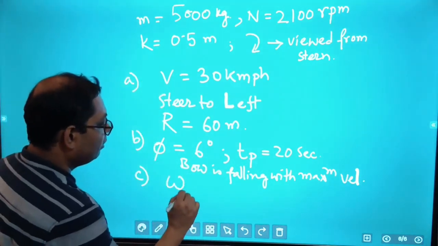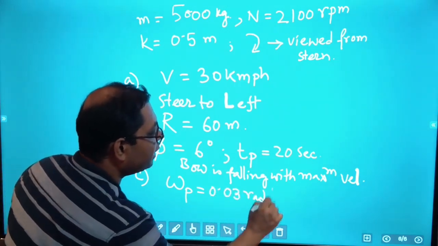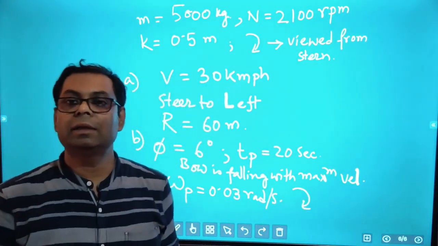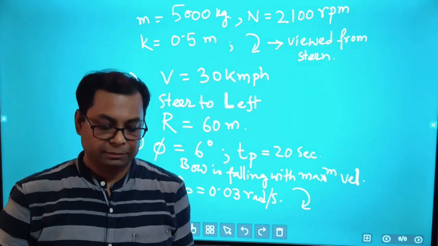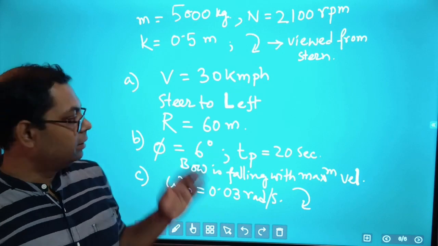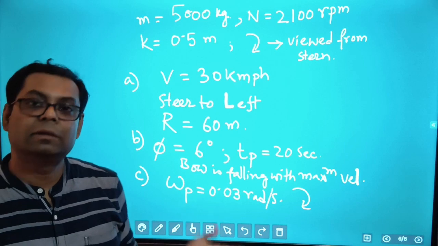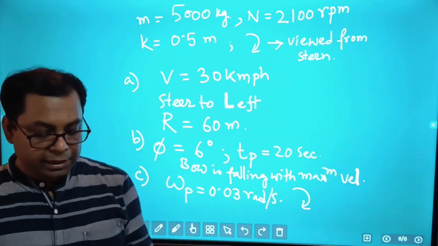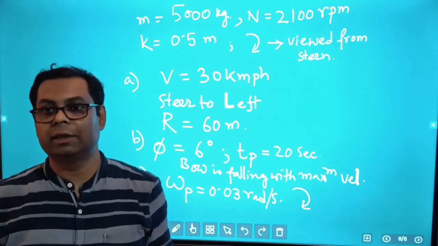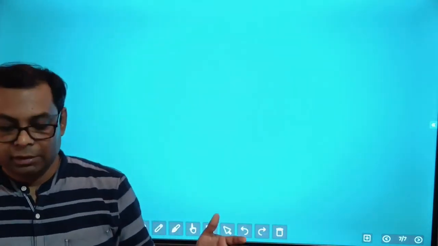That is omega p equal to 0.03 radian per second clockwise when viewed from the rear end, that is stern side. You have to calculate the gyroscopic couple value and the gyroscopic effect on the ship. So there are three different criteria that you have to calculate and explain accordingly. One by one we are going to solve this problem with the given data.